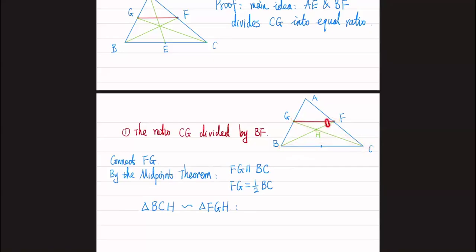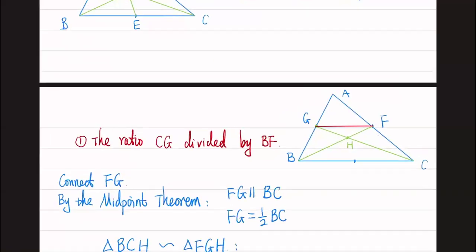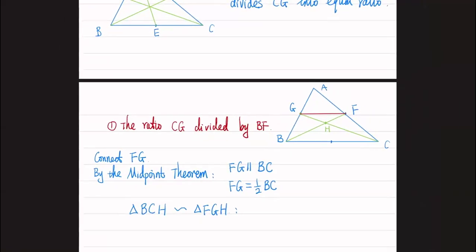Similarly, these two angles are alternate angles for two parallel lines, with equal measures. We can apply the AA similarity theorem. These two triangles are similar, because it's parallel. Two angles is good enough for the similarity theorem.